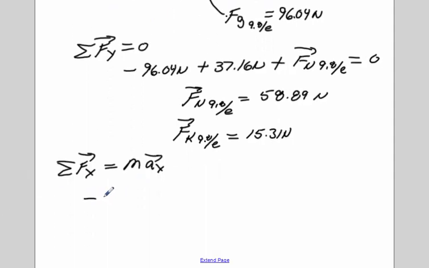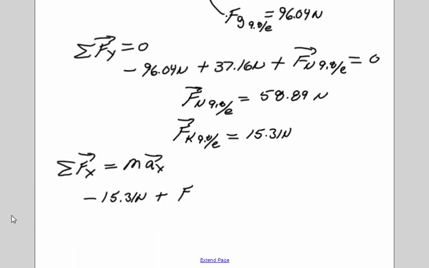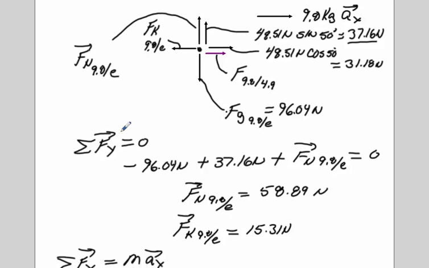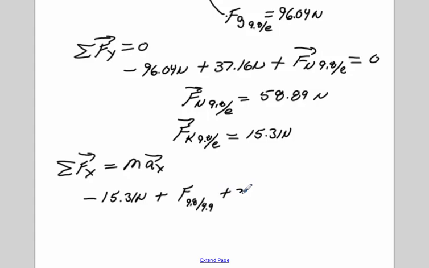So I'll have minus 15.31 newtons plus the force right here of the 4.9 acting on the 9.8, plus the 31.18, must equal the mass times acceleration in the x direction.